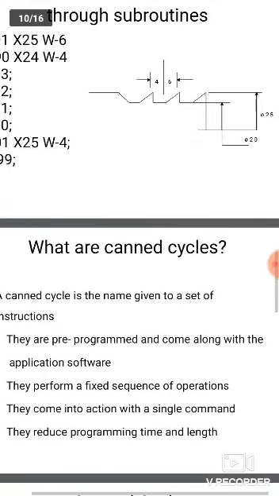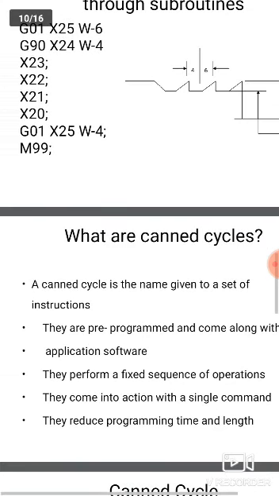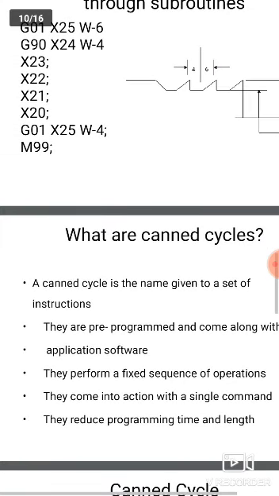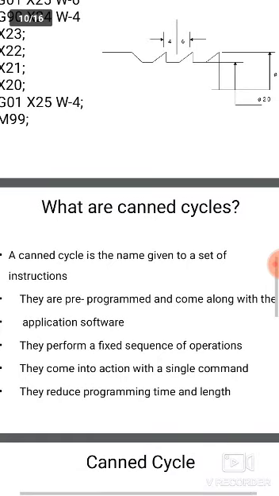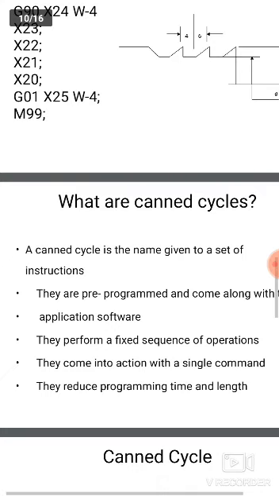So next we'll see what canned cycles are. A canned cycle is the name given to a set of instructions. They are pre-programmed and come along with the application software.